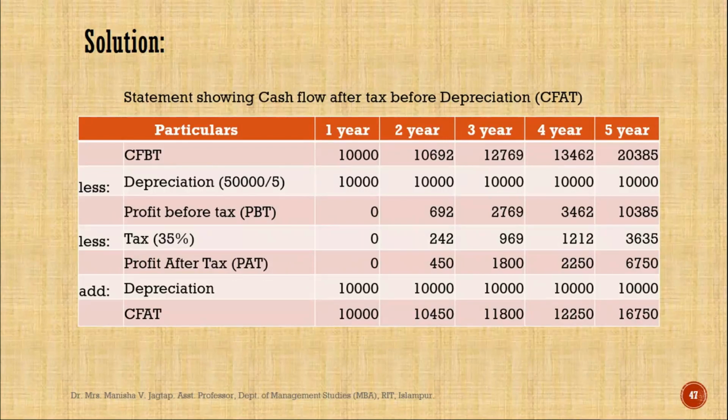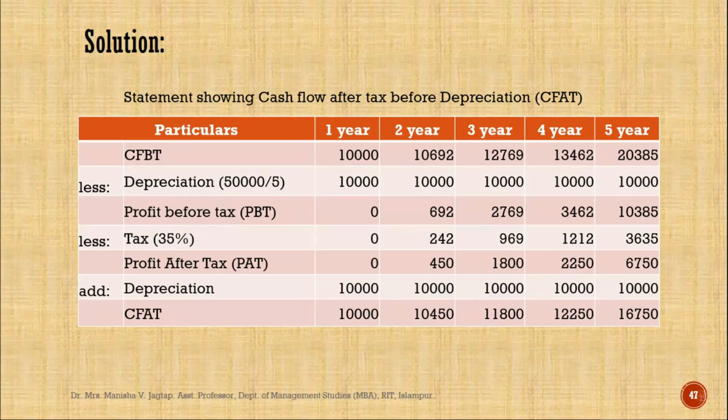In particulars, you can see cash flow before tax, the information given in an example. Then we deducted depreciation, which we have done in all the 4 methods earlier, from payback method to ARR, then NPV and PI.